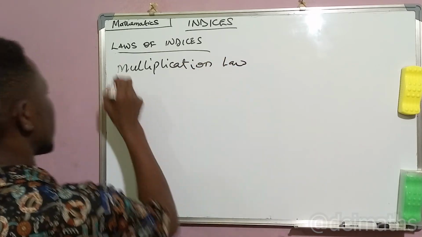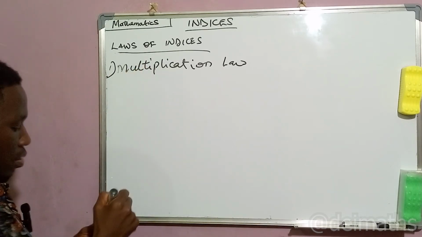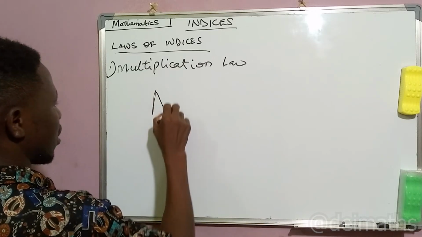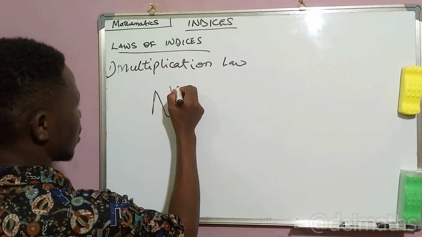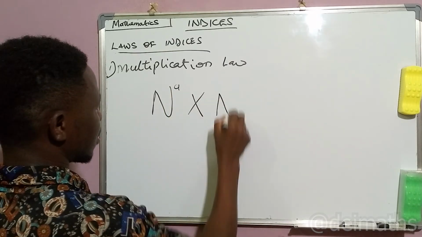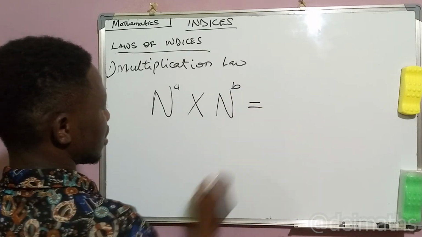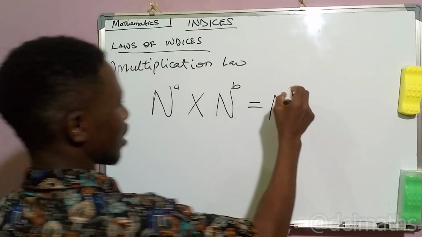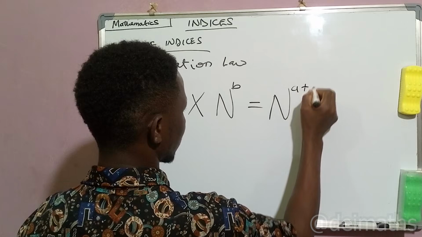Multiplication law. This is the first one. Multiplication law says that when a base number n raised to power a is multiplied by the same base number n raised to power b, the product is the number n raised to the powers added together, which is a plus b.